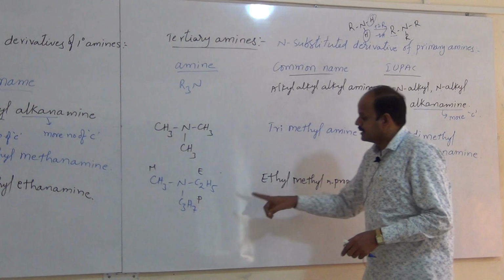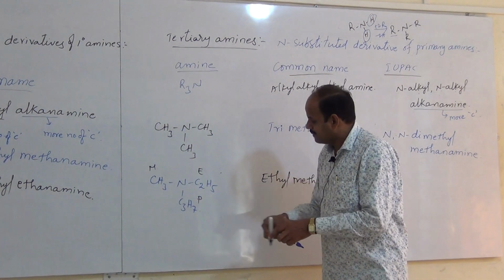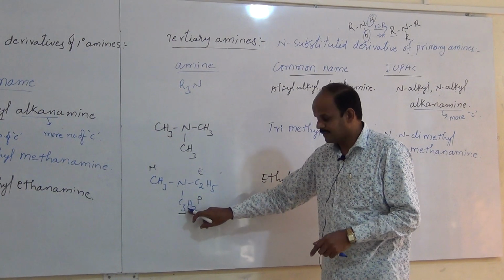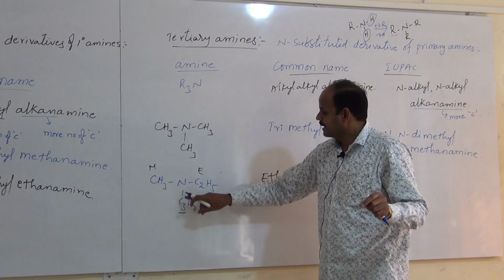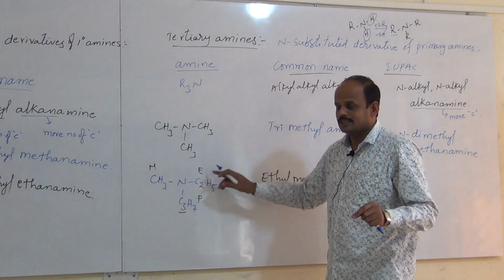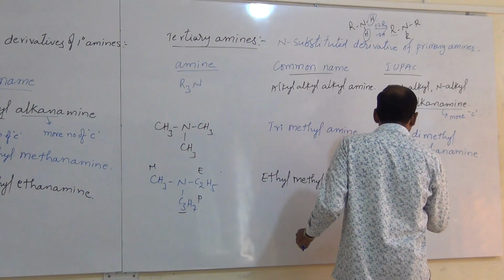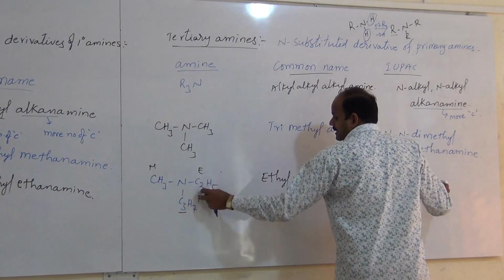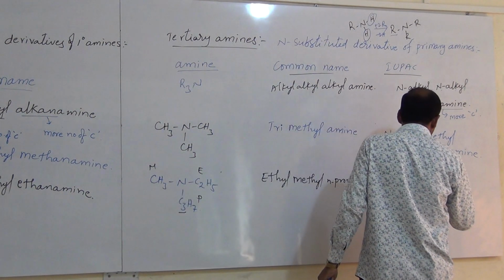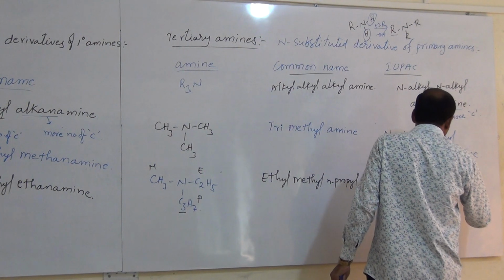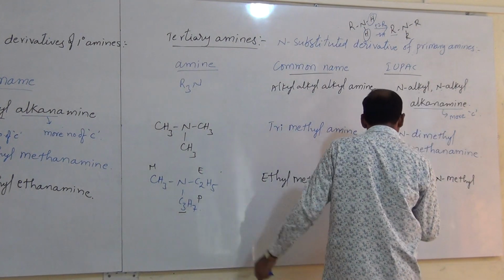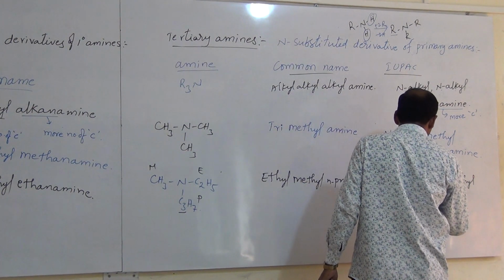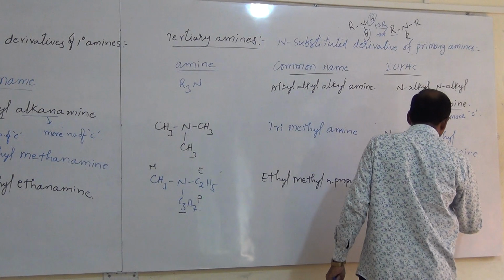IUPAC name: which alkyl group has the largest number of carbons? Three carbons, the propyl group. So this should be written as the alkanamine, and the remaining alkyl groups are written as N-alkyl. So here N-ethyl, N-methyl, propanamine.